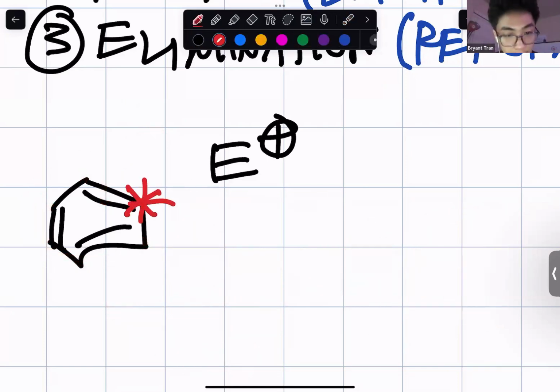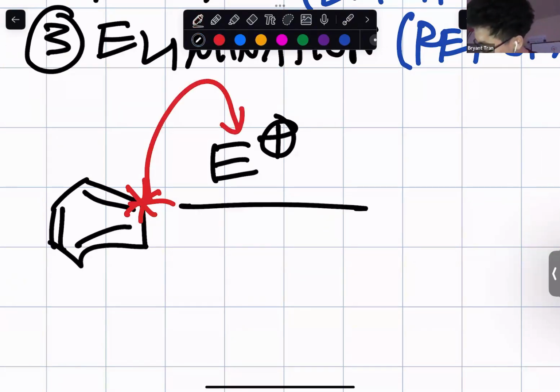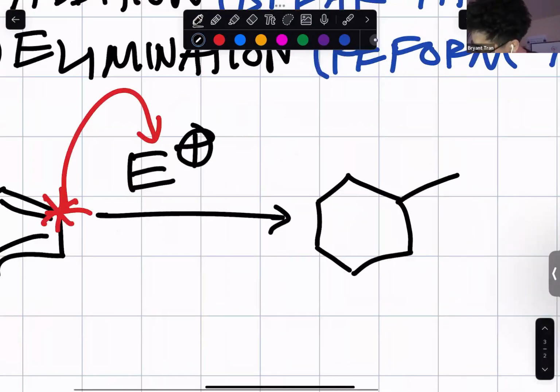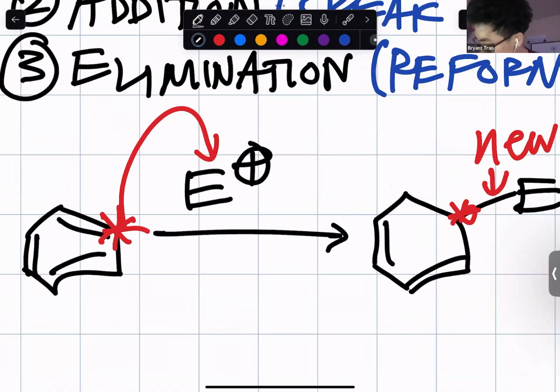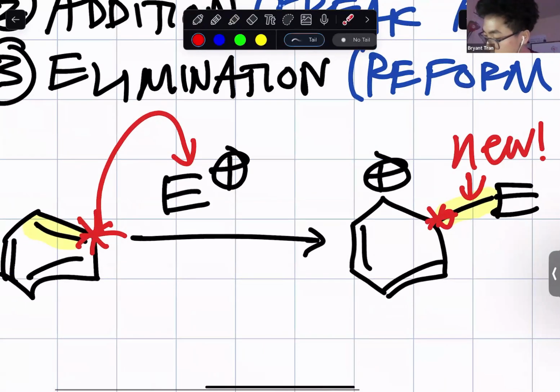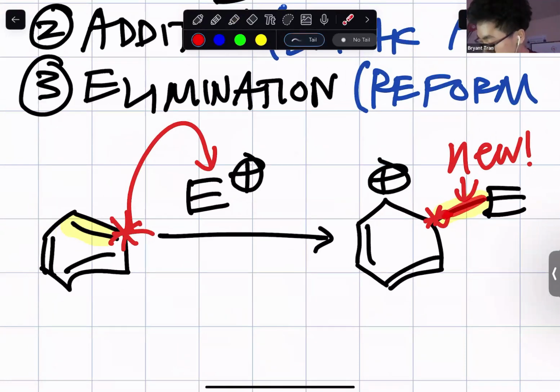So if I star that carbon right there, I'm going to have that starred carbon attack this electrophile right here, right? And when that happens, this is the new bond between the starred carbon and the electrophile right there. This double bond here stays the same, that double bond stays the same, but this double bond right here is no longer there because it's used to grab that electrophile, to make that new bond between this starred carbon and the electrophile.